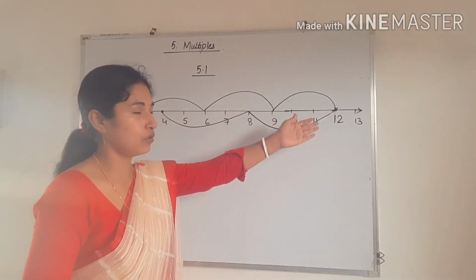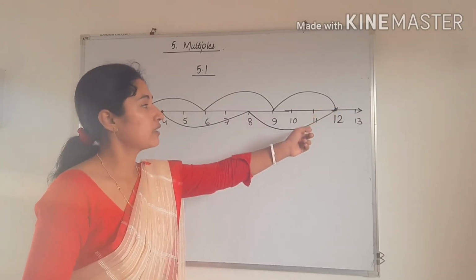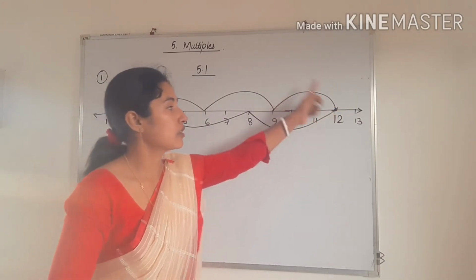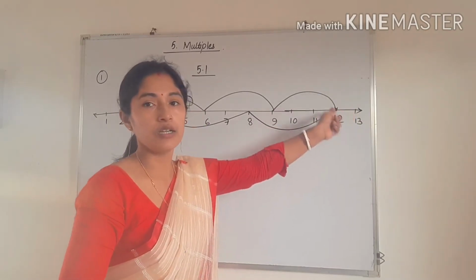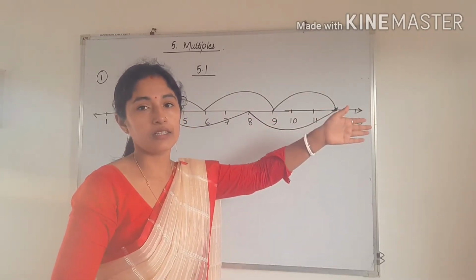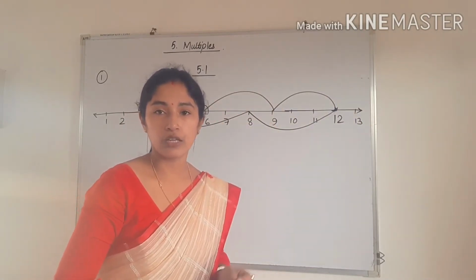Here I have no space, but in your book it is up to 25. So the next multiples will be 15, 18, 21, and 24. These are the multiples of 3.